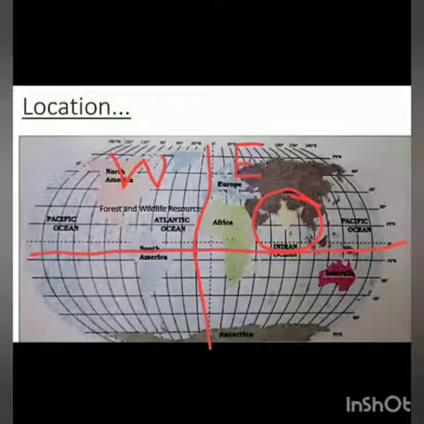It is located in the northern and eastern hemisphere, and it is located in the largest continent of the world, that is Asia. It is located in the southern part of Asia. See this brown colored part, the brown colored continent is Asia, and India is located southwards of Asia in the northern hemisphere.